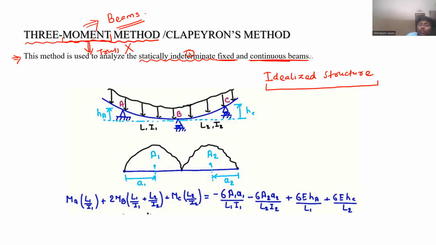And one more thing you should note down: the structure should have how many spans? More than one. Why can't one span be taken? More than one is okay.